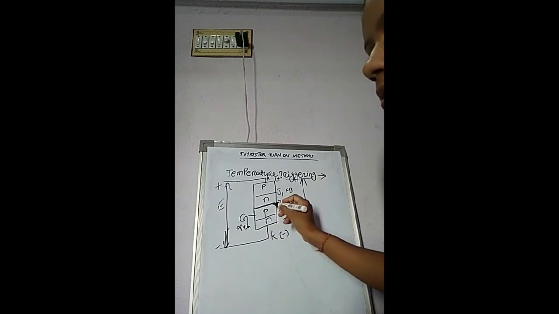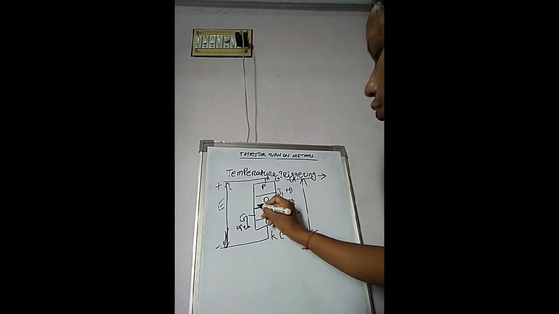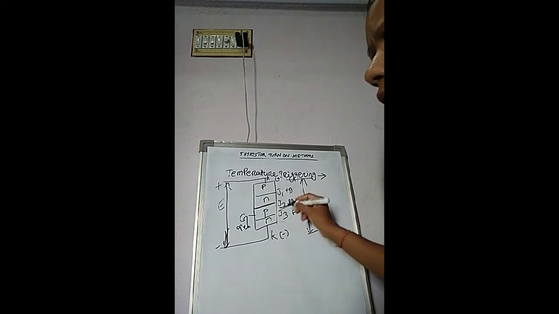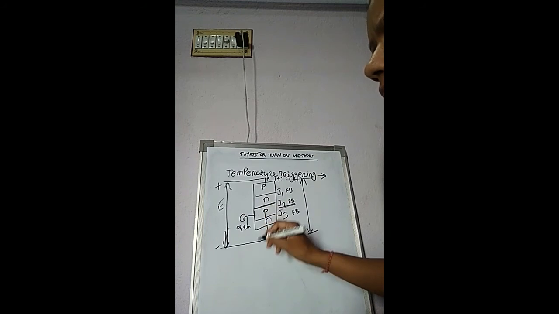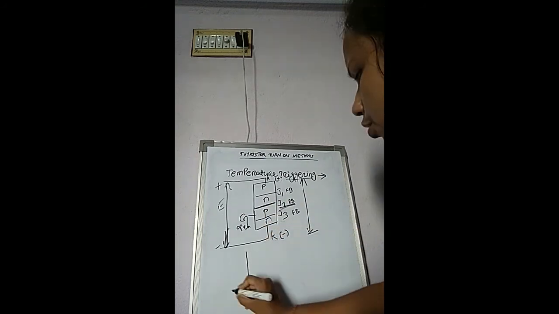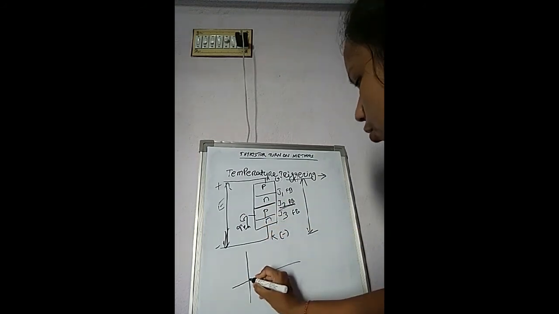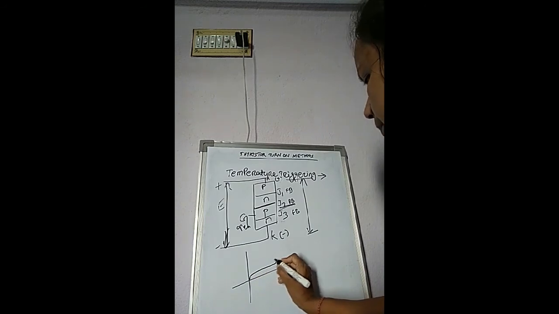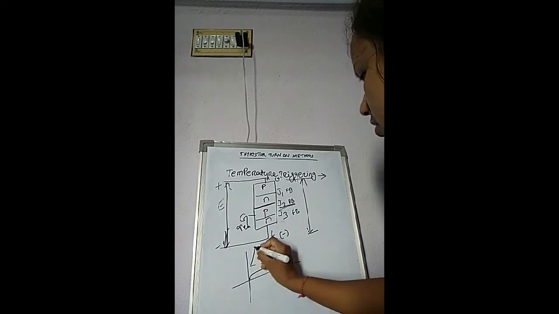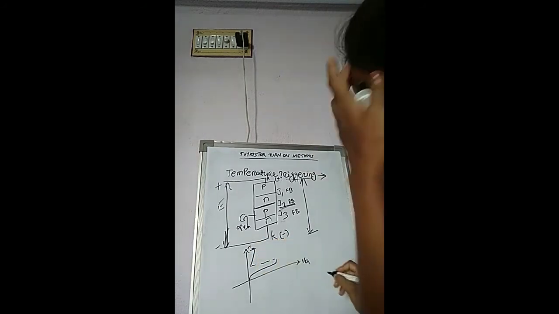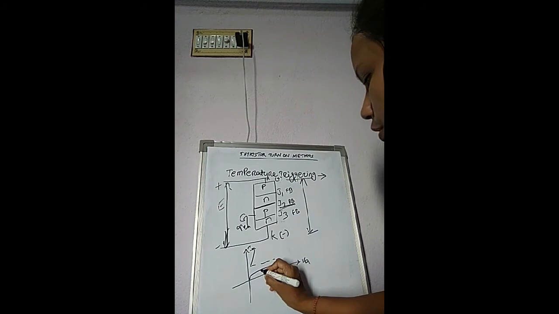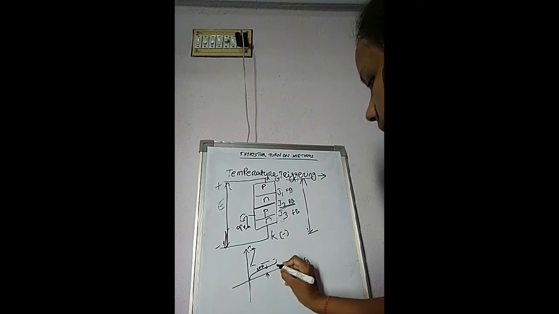The width of the depletion layer is large here, so the voltage across junction J2 associated with leakage current may raise the temperature. I already told you, in this characteristic, IA versus VA, the forward blocking mode means this off state part, where there is some leakage current.